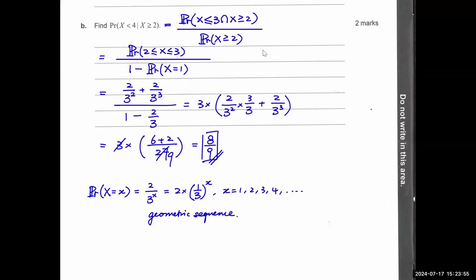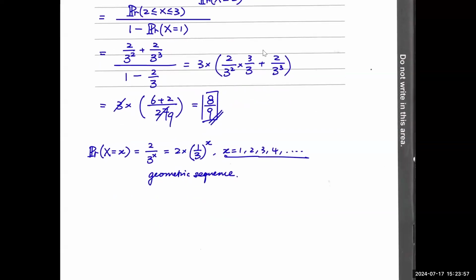Geometric sequence with this given domain. And the initial term, when x equals 1, the first term is a equals 2. Common ratio is 1/3. So the infinite sum, the sum of all probabilities, equals a divided by 1 minus r. That is 2 divided by, actually, I should write this in this form.